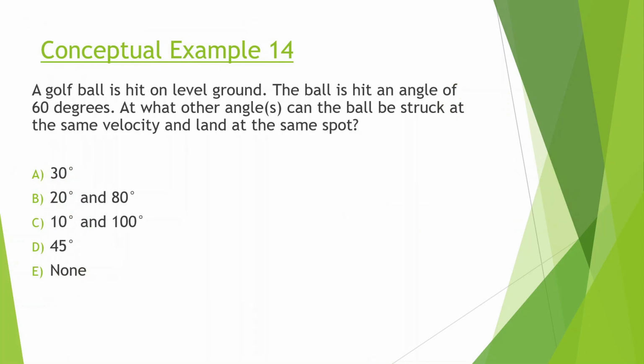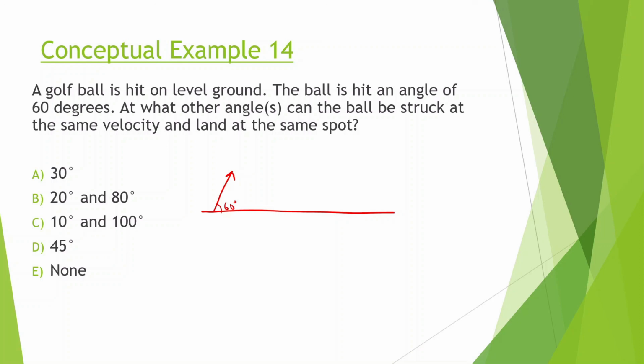Okay, let's look at conceptual question number 14. A golf ball is hit on level ground. The ball is hit at an angle of 60 degrees. At what other angle can the ball be struck at the same velocity and land at the same spot? Okay, so let's just draw level ground. And then we see 60 degrees like this.